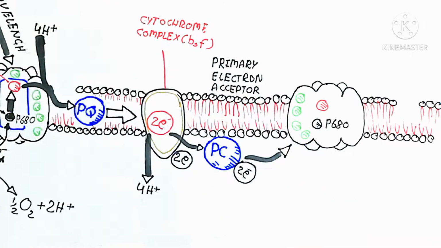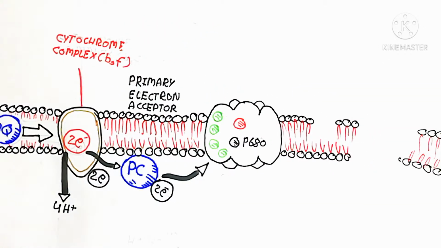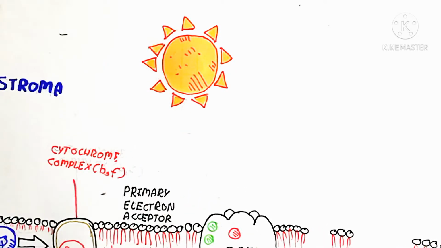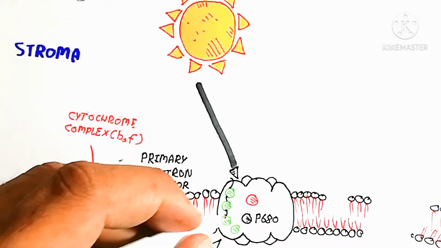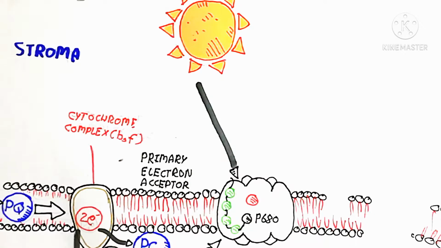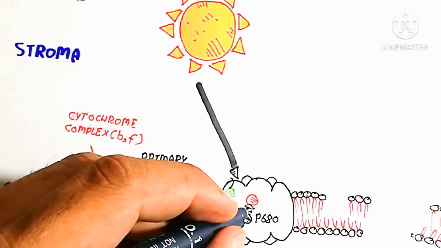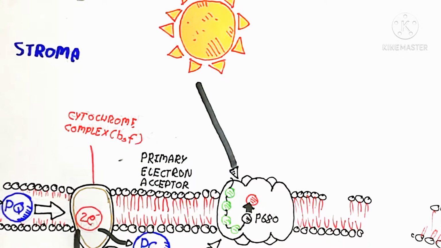The electron was losing energy from the photosystem complex to photosystem 2, and when it lost this energy, it is ultimately excited again. After the excitement, it again has reserve energy compared to the middle, where the plastocyanin contains a lesser amount of energy for accepting the electron.